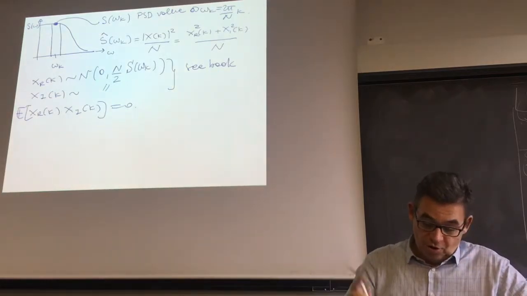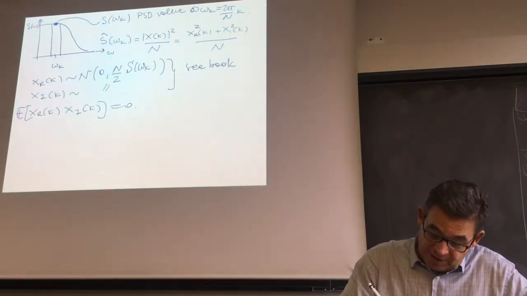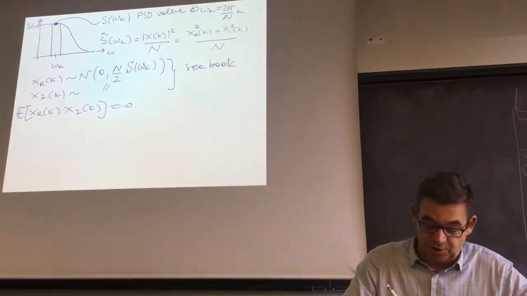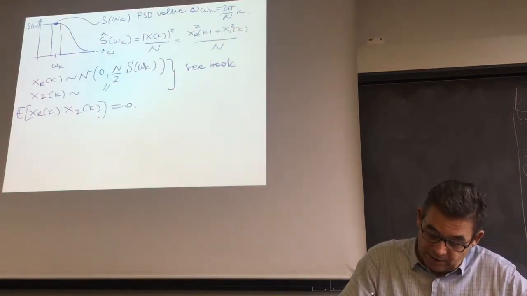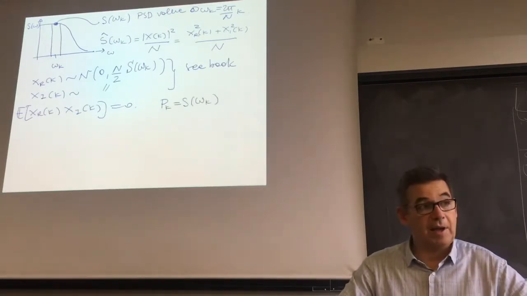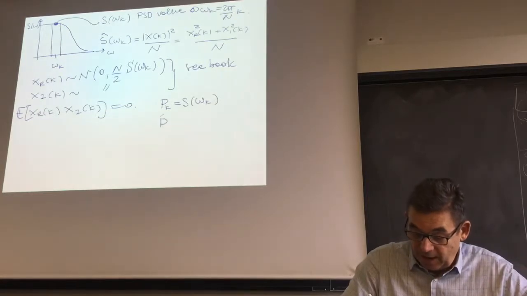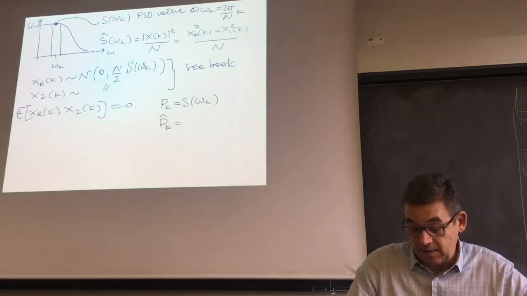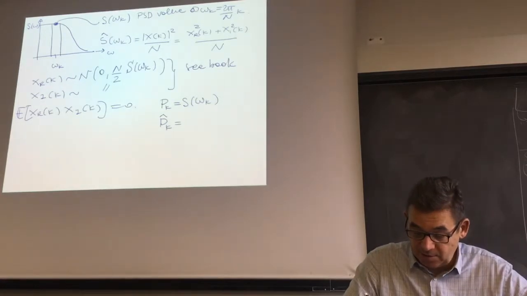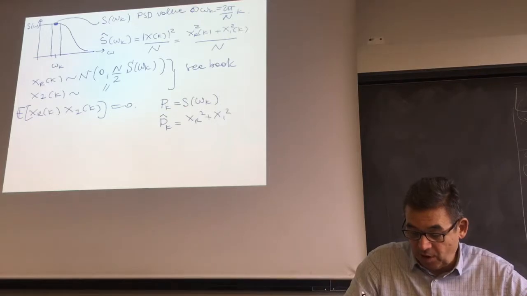Perfect. Just to simplify the notation, I write that p k is the power spectral density at omega k, and p hat k is the estimate. I write the estimate in this way: x real squared plus x imaginary squared, divided by n.